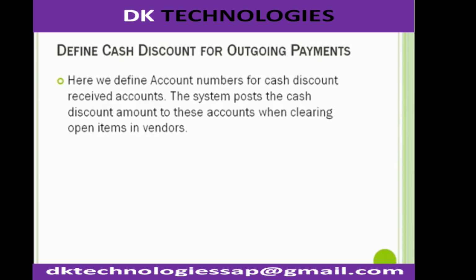Defining cash discount for outgoing payments. Here we define the account number for the cash discount received account. The system posts the cash discount amount to these accounts when clearing open items in the vendors. Now, when you make payments to any of the vendor invoices, at times you get cash discount when you make early payments.